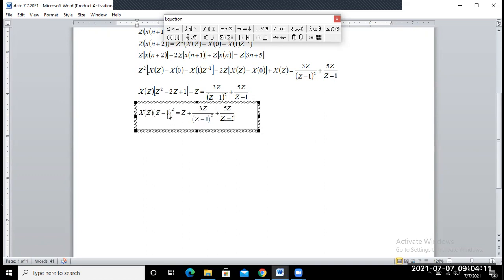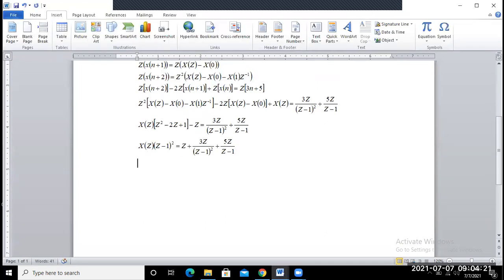Now this z minus 1 whole to the power 2 moves towards the right side. Okay, so this equation becomes z by z minus 1 whole square. Is it not? It will become X(z) equal to z by z minus 1 whole square.